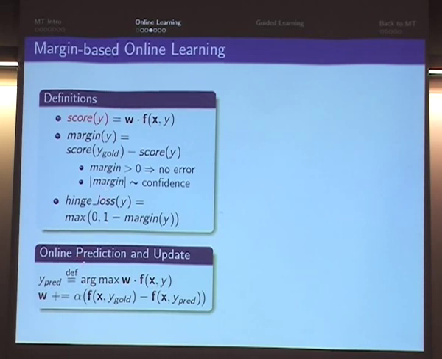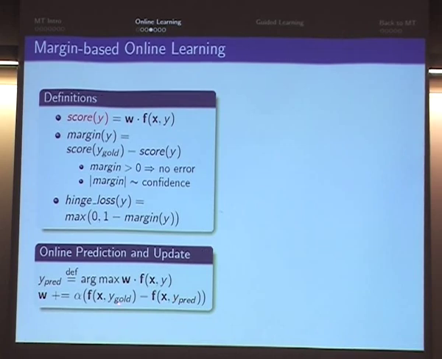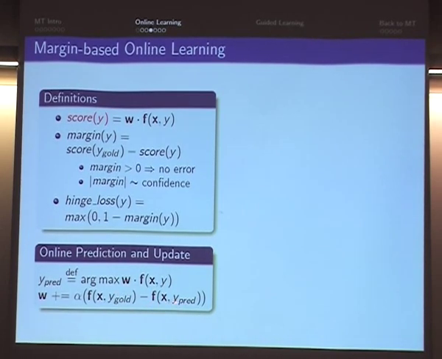Now let's review what was on the previous slide in online prediction. This is the formula for the prediction, and this is the formula for the update. You just take the difference between the feature vectors of the gold correct label and the predicted label, and you add it to the weight vector.